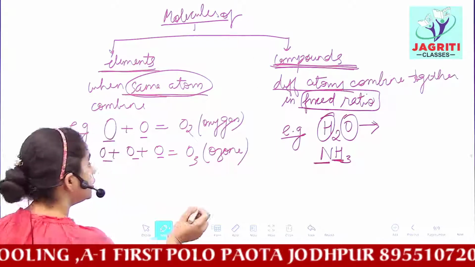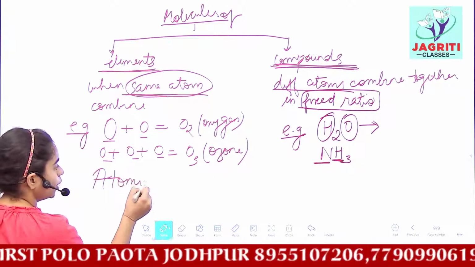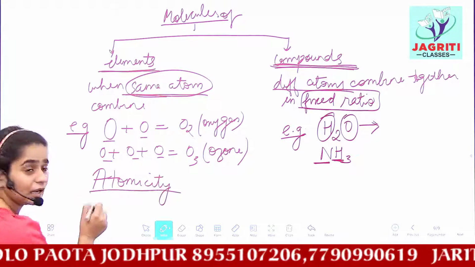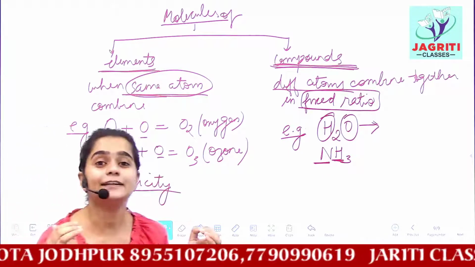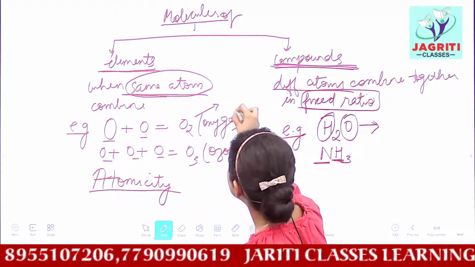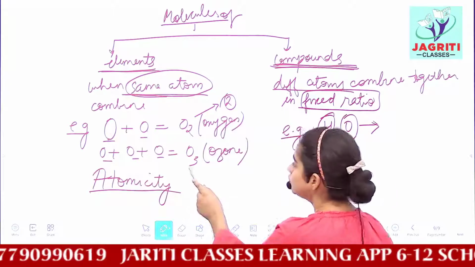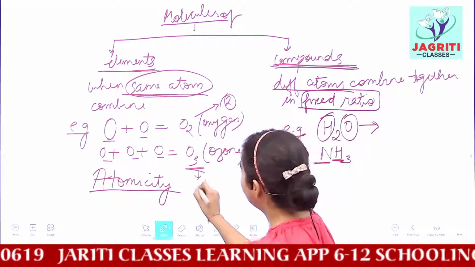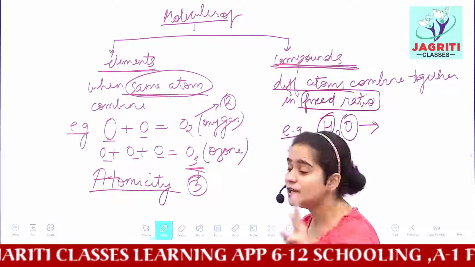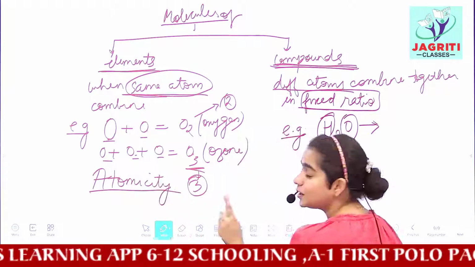And then I told you a term, atomicity, in the last class. What do you mean by atomicity? Atomicity gives the number of atoms, how many atoms are combining with each other. Like in oxygen, the atomicity is 2 because 2 oxygen atoms are combining. For ozone, the atomicity would be 3 because in the preparation of ozone, 3 oxygen atoms are combining together.